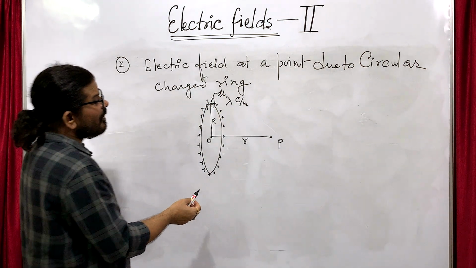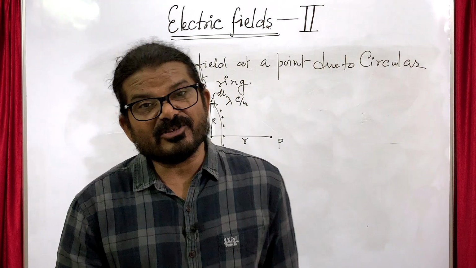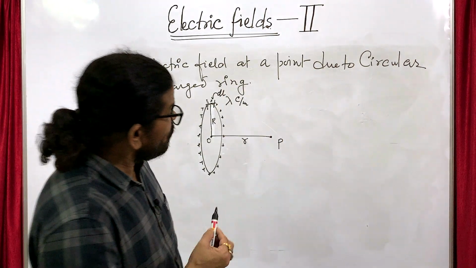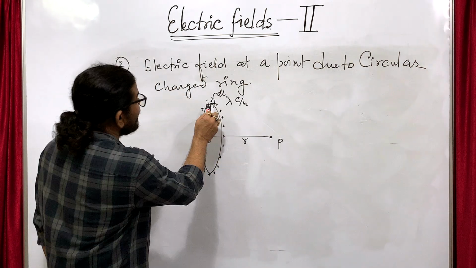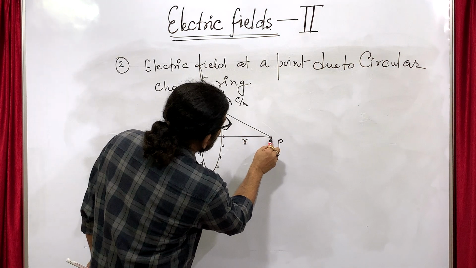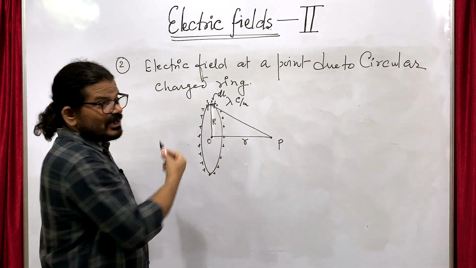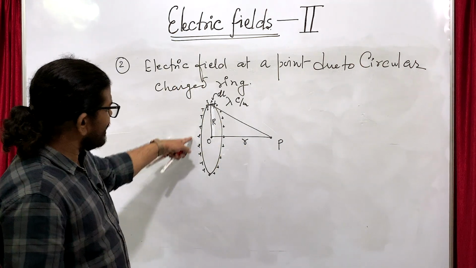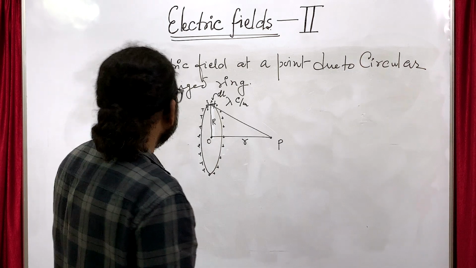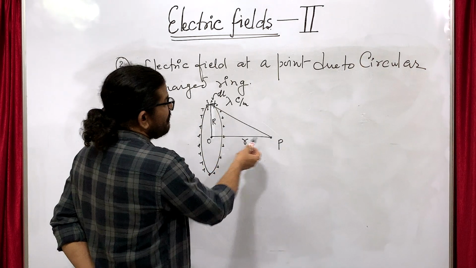Next step is we will see where the test charge is located. The test charge is assumed to be located at the point where the field is to be calculated. So here we will join it as the next step, and here the source charge is positive, we have taken. You may take negative also, a negative charge distribution can also be taken. But here we have taken positive, so we will follow that.